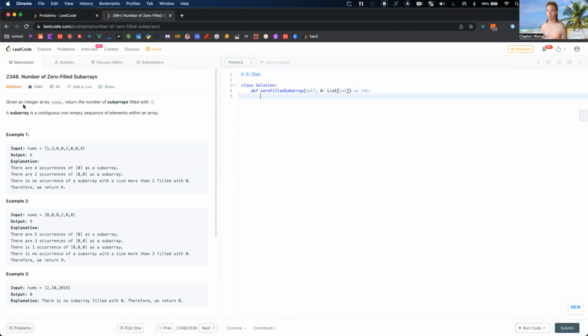All right. Given an integer array nums, return the number of subarrays filled with 0. Okay, so 0, 0, 0. There's one each, and then one of size 2. One each, one of size 2, and one of size 3.